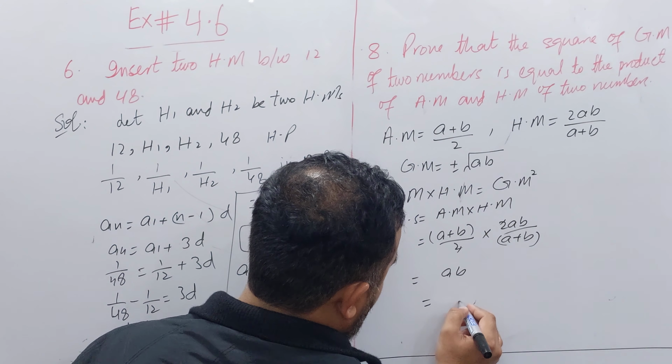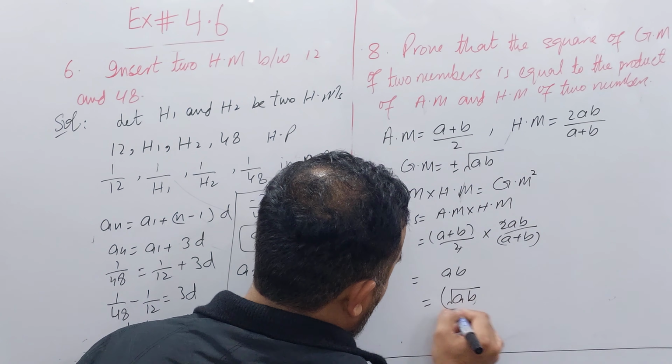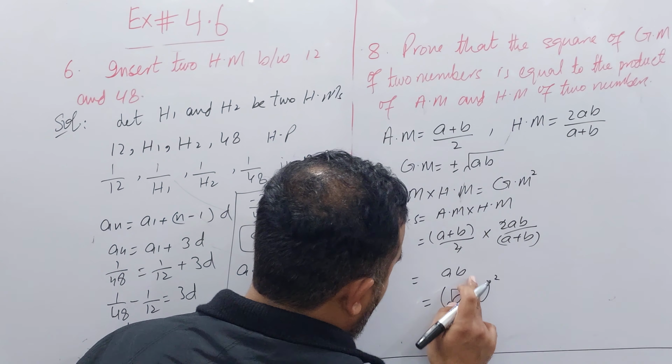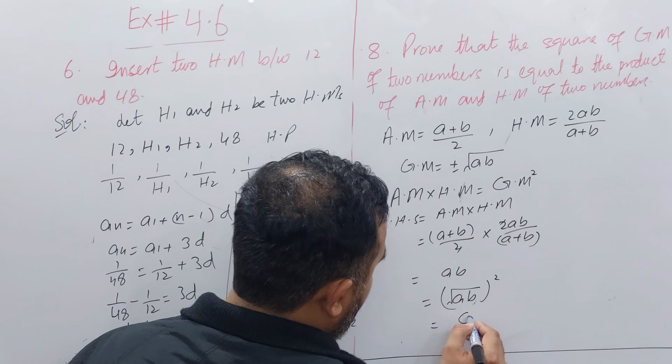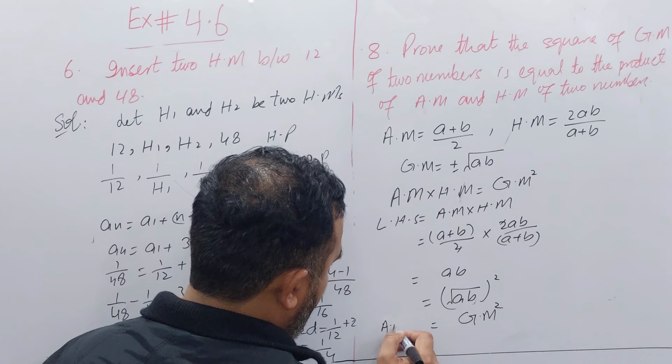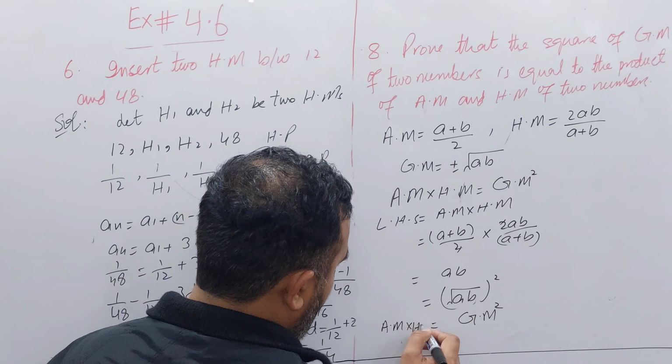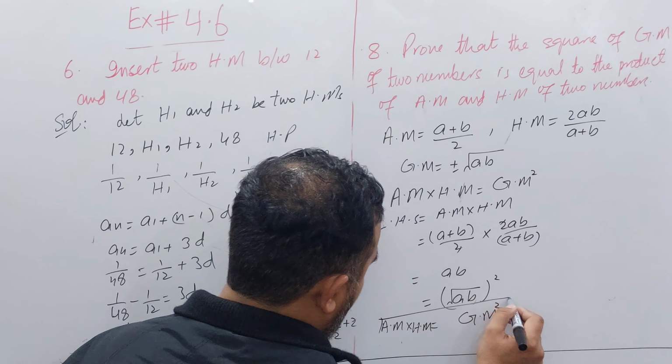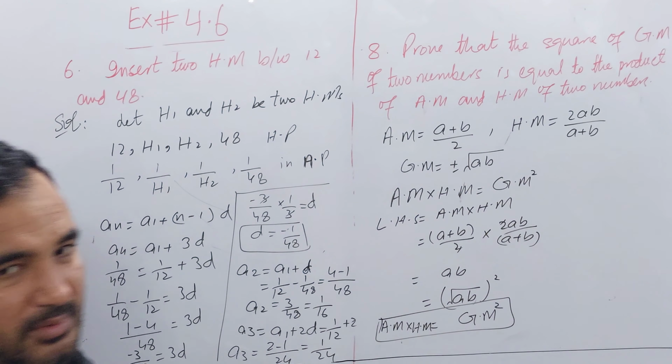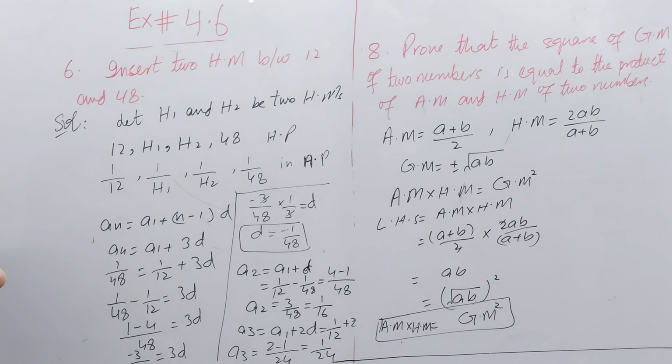We can write this as square root of ab, squared, and square root of ab is the geometric mean. So the left hand side, arithmetic mean into harmonic mean, is equal to the square of geometric mean. So that was the proof. It was quite simple. Okay, now let's start question 9.